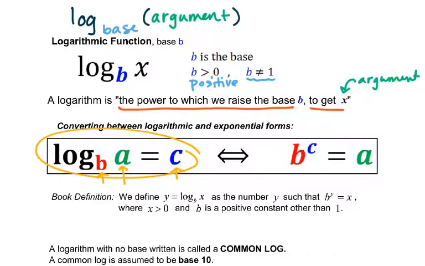Remember, a logarithm is the inverse of an exponential function. So I can convert that to b to the c equals a. So the base raised to that output equals my argument.